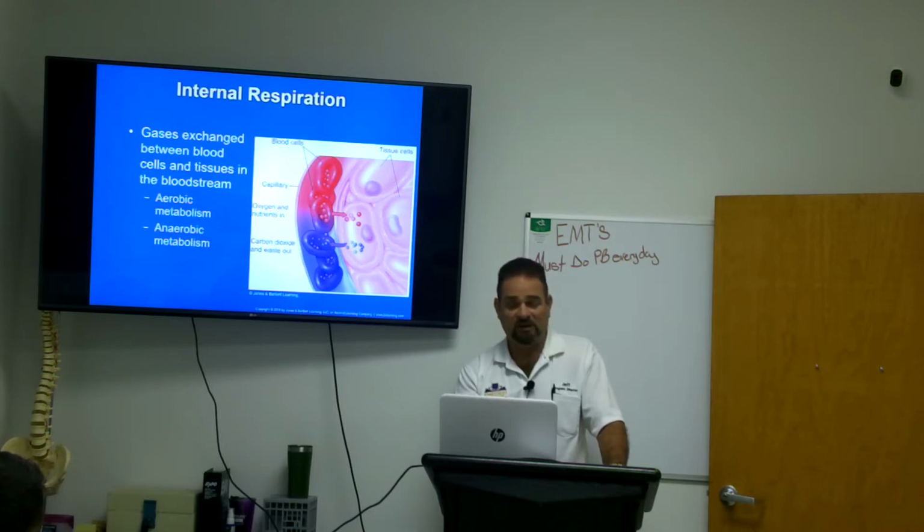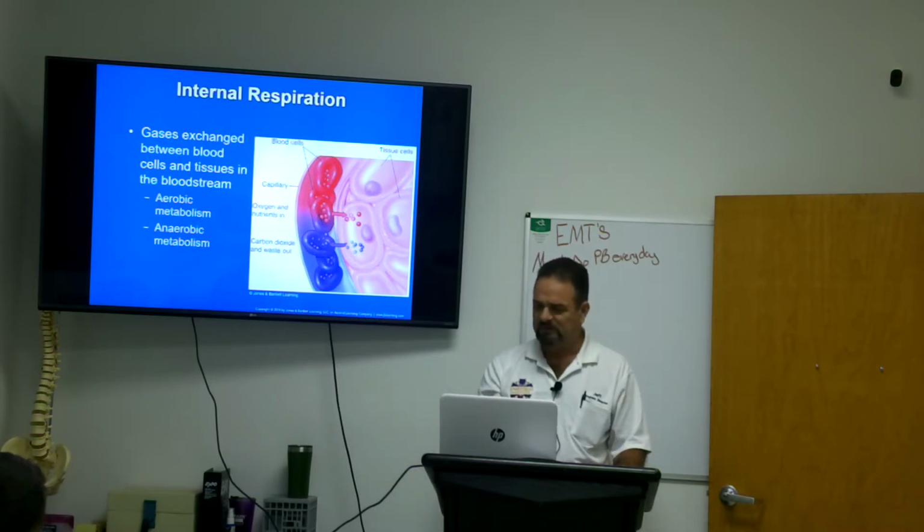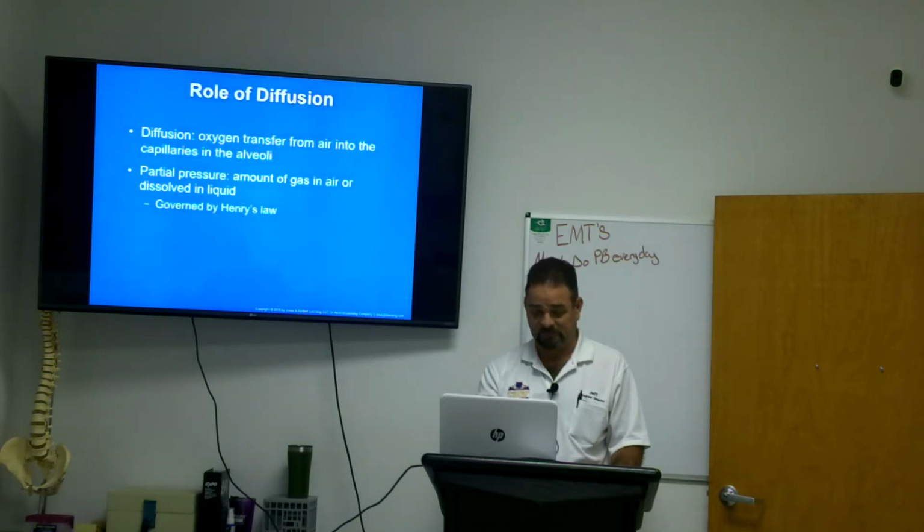Either way, these cells have to pull carbon dioxide and waste out of those tissues in order to get rid of them. And just as well, the blood cells at the capillary level have to exchange oxygen back into the tissues. This process is aerobic metabolism. This is the internal respiration, or cellular respiration, that occurs every millisecond in your body.